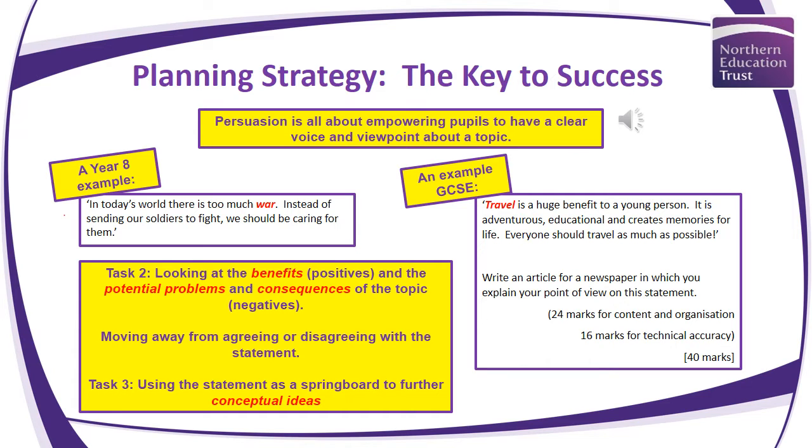They're not well informed enough to be able to formulate an opinion. Or B, a topic that they've got no interest in. And again, that goes back to why persuasion is often at GCSE standard marked lower than your descriptive writing.